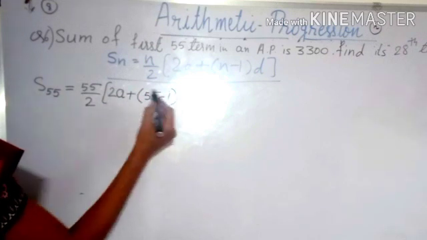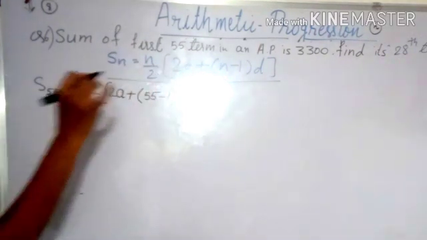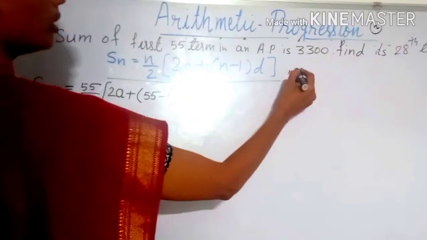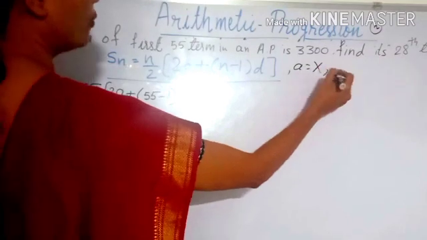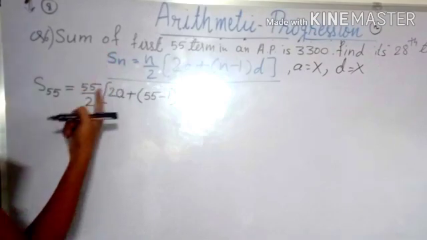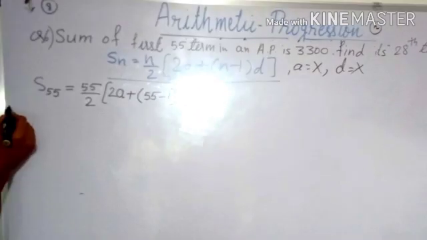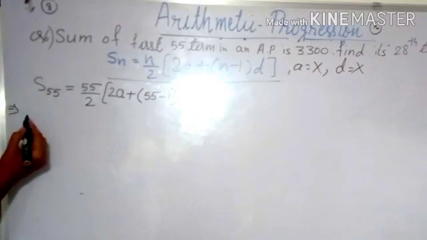And what is d? d also we don't know. So which terms don't we know in this example? We don't know a, we don't know d, we know only n, and this value is equal to 3360.